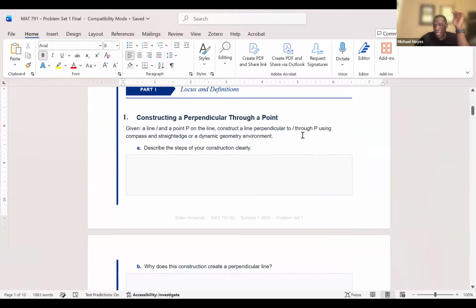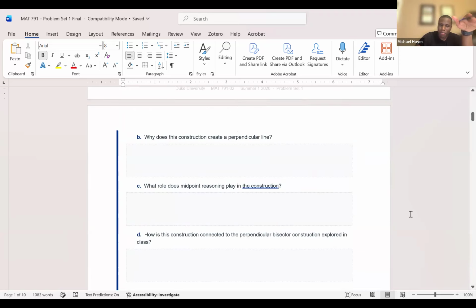Maybe draw a segment or a ray, it doesn't matter, and then think about how you can make a perpendicular through one of your endpoints or any point on there. Since you've already had some thought process pertaining to perpendicular bisector and angle bisector, all that is going to come back into play to speak to how you can find a perpendicular through a point.